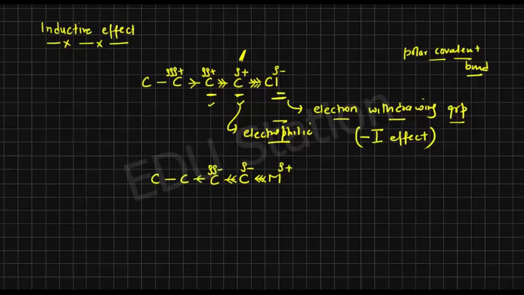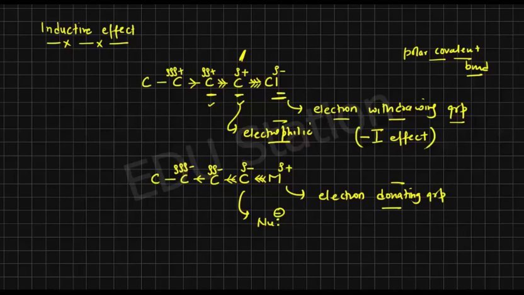So, delta negative, this will repel less electrons, delta negative. So, this carbon this time has become nucleophilic, and this group is giving electrons to carbon chain. So, this is electron donating group.